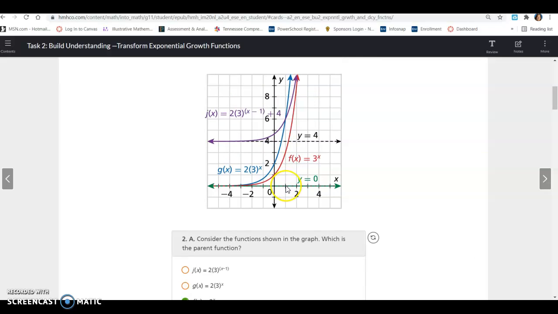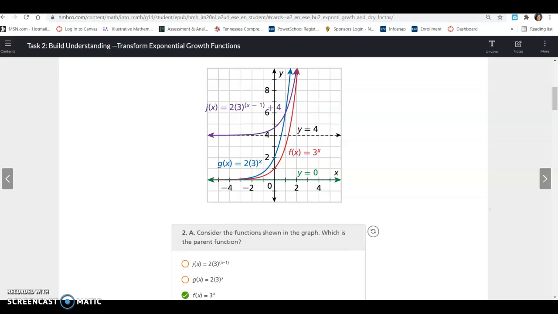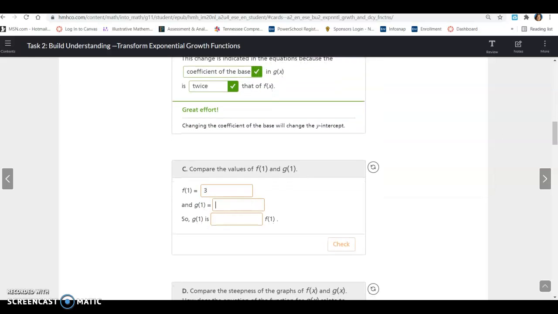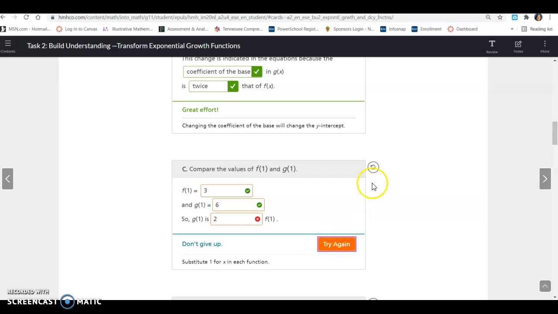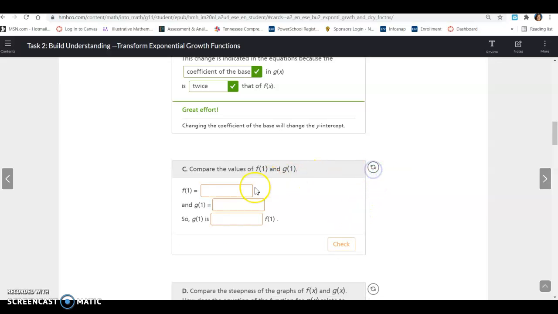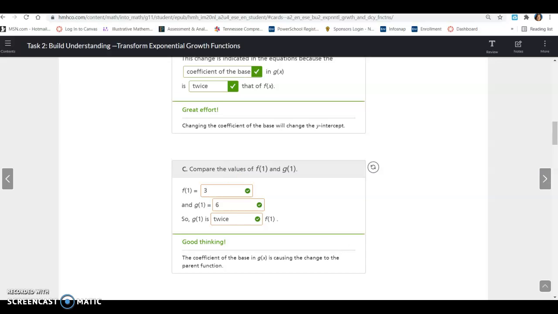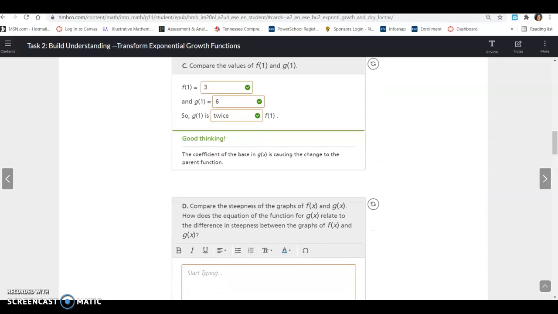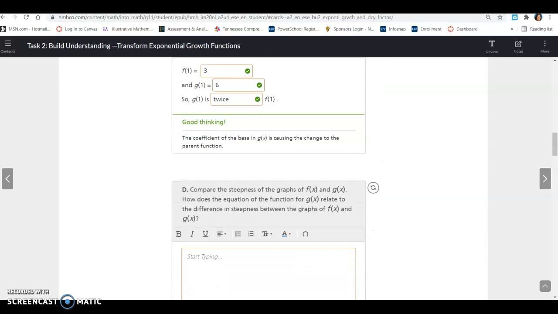When x is 1 for the g function, g is the blue line, and it crosses at the same place as the purple line at 6. So g of 1 is twice f of 1. Let's see if they want me to write that out. So this is 3, this is 6, twice. Instead of 2 times f of 1, they want you to write twice.